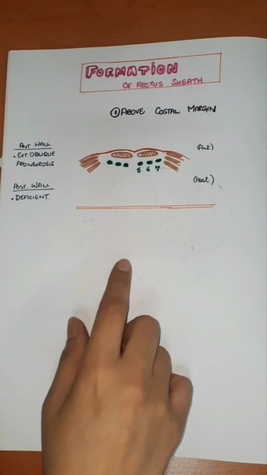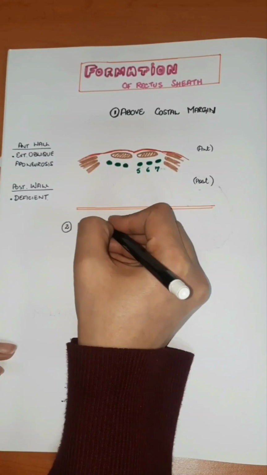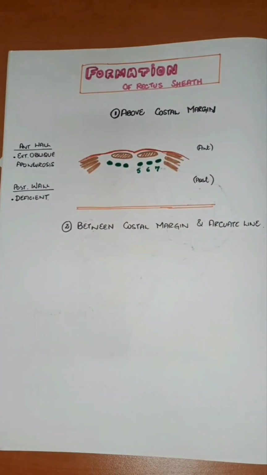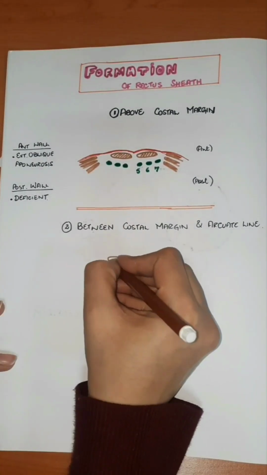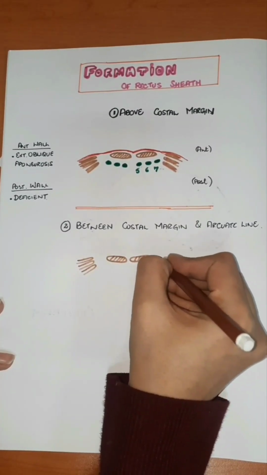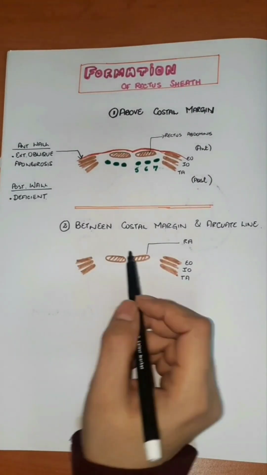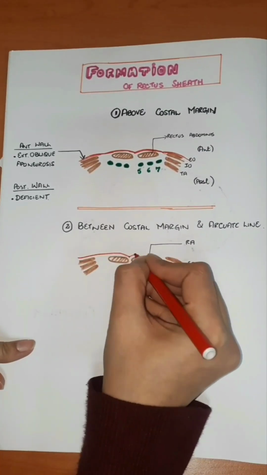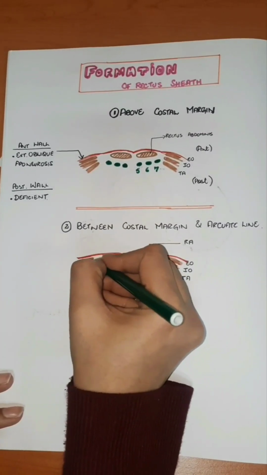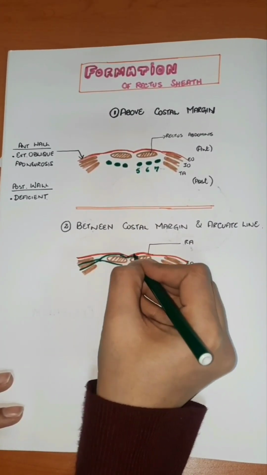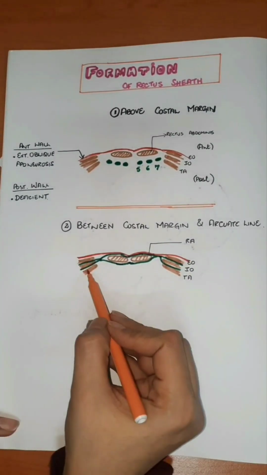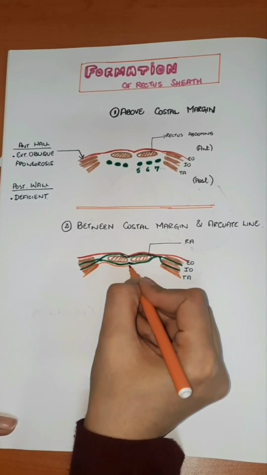Secondly, we will discuss the formation of the rectus sheath at the level between costal margin and the arcuate line. Here the anterior and posterior walls of the rectus sheath are present. Once again we have rectus abdominis muscle in the middle line and the obliques and the transversus abdominis muscle laterally with their own aponeurosis. At this level, the anterior wall is contributed by the aponeurosis of the external oblique and the anterior lamina of the aponeurosis of internal oblique, which has split here, enclosing rectus abdominis from anterior and posterior sides.